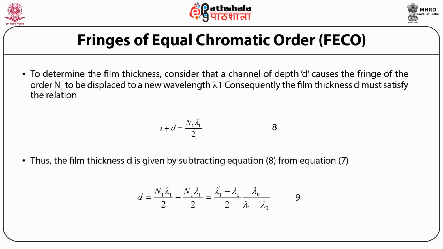Thus, the film thickness D is given by subtracting equation 7 from equation 8. D equals N1 lambda 1 prime divided by 2 minus N1 lambda 1 divided by 2, which equals lambda 1 prime minus lambda 1 divided by 2 into lambda naught divided by lambda 1 minus lambda naught. This is equation 9.